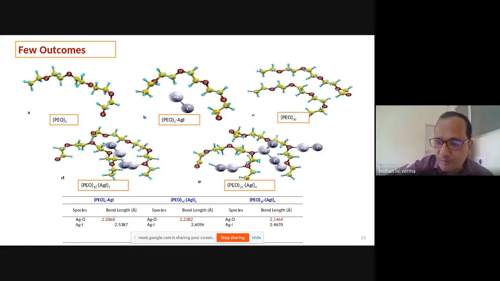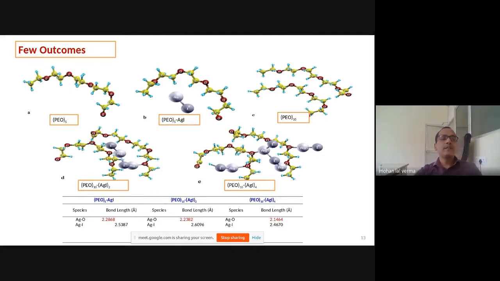In one paper in the literature it is mentioned that if the number of oxygen in the PEO chain is more than 5, then the result will be good if someone performs molecular dynamics simulation or DFT type study. That's why we select here a PEO chain where the number of oxygen is 5.